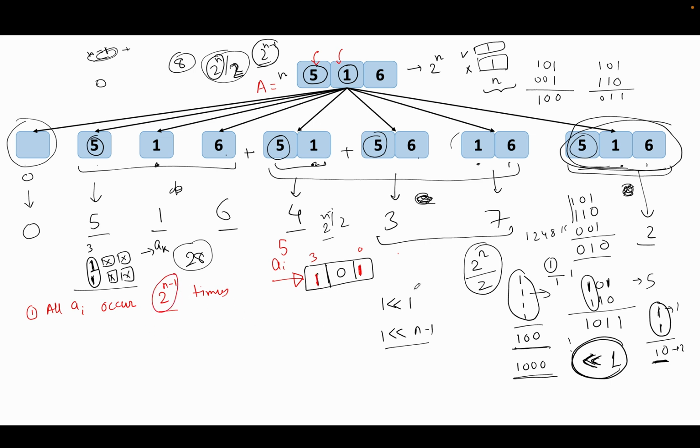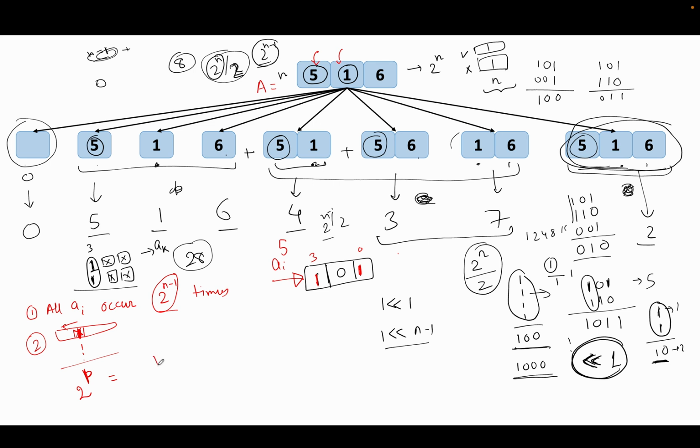And the second point is that if a particular bit, so let's say we have a long number and we are looking at a particular bit here, and this bit is set. So if it's occurring 1 1 1 1 p times, we were looking only at powers of 2, so let's say it occurs 2 raised to power p times, then this bit will be left shifted by p steps.